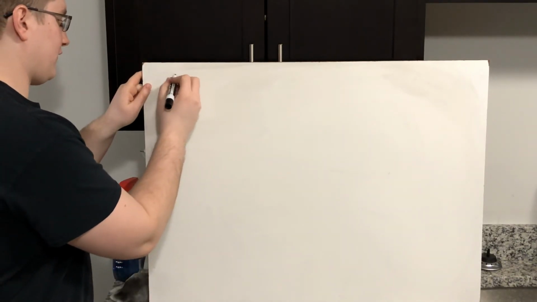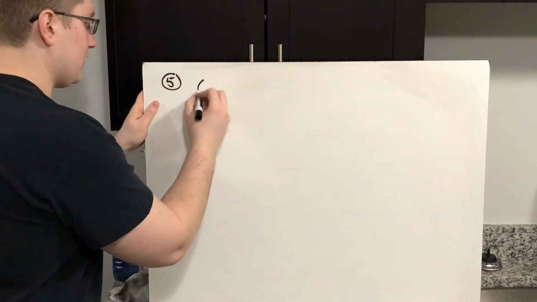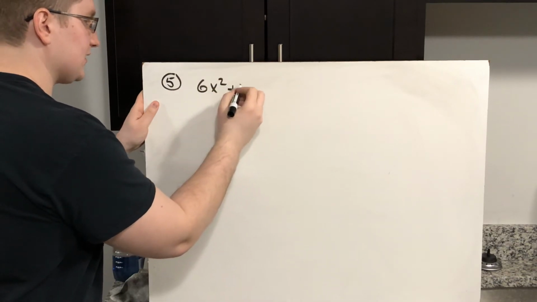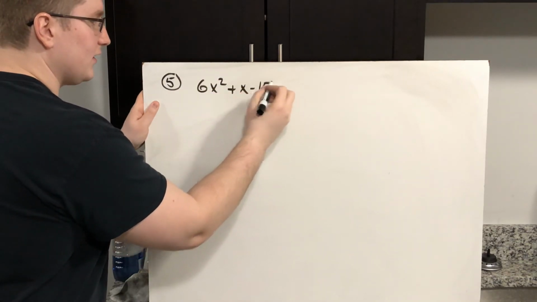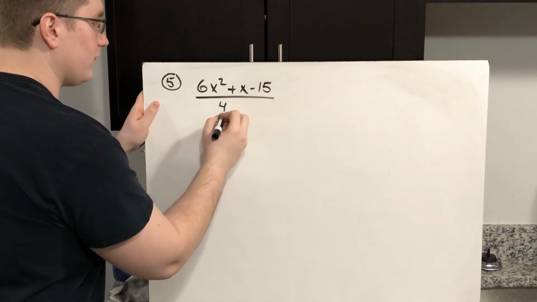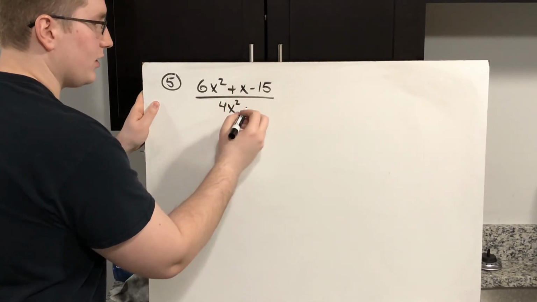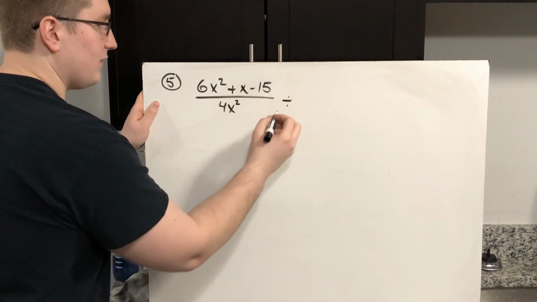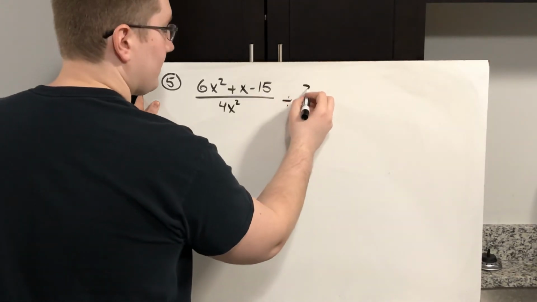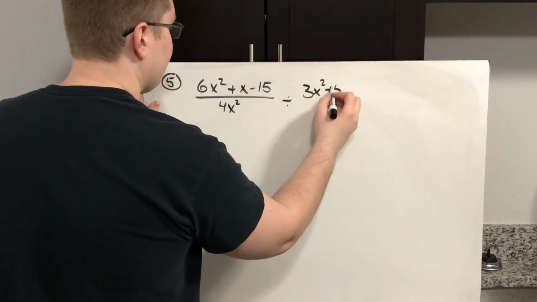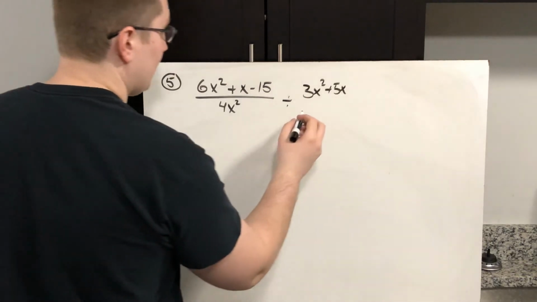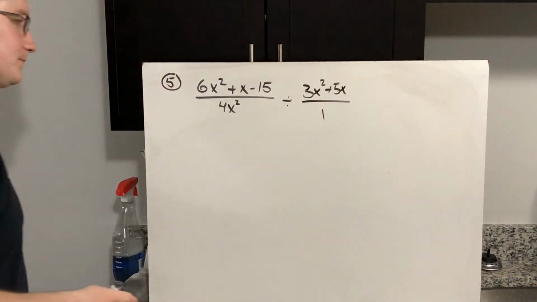In our fifth and final example for this lesson, I got 6x squared plus x minus 15 all over 4x squared divided by 3x squared plus 5x. And really, that's over 1.